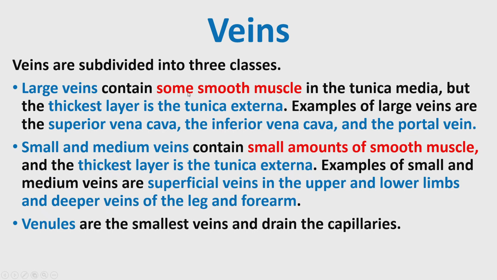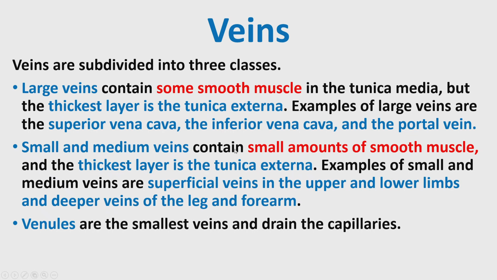The difference belongs to the smooth muscle in the tunica media: large veins have a little bit of smooth muscle in the tunica media, but they have the thickest layer of the tunica externa that we discussed before. Examples of large veins are the superior vena cava, inferior vena cava, and portal vein.